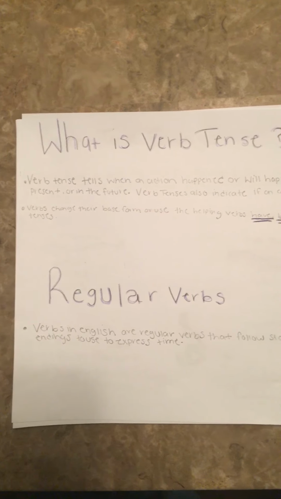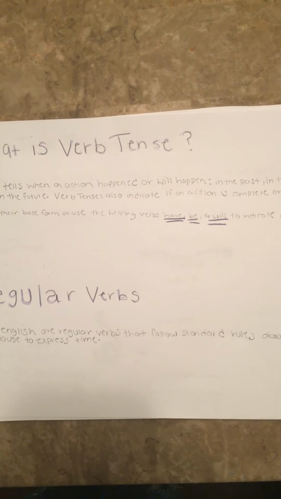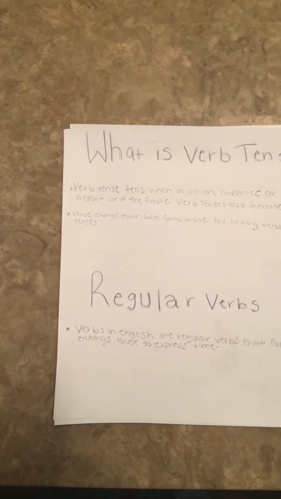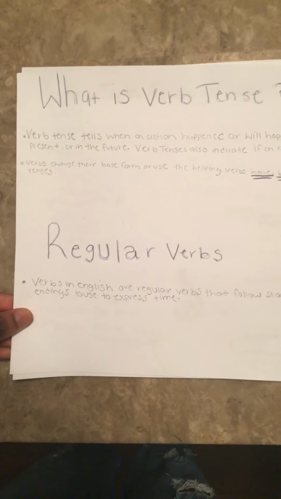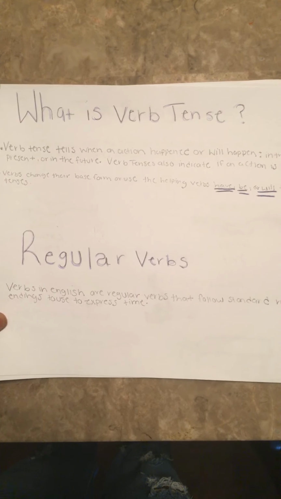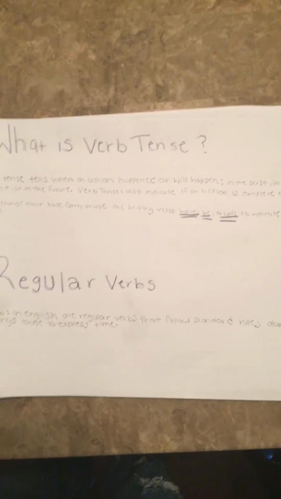Verbs change their base form or use the helping verbs have, be, or will to indicate different tenses. Regular verbs in English follow standard endings to express time.